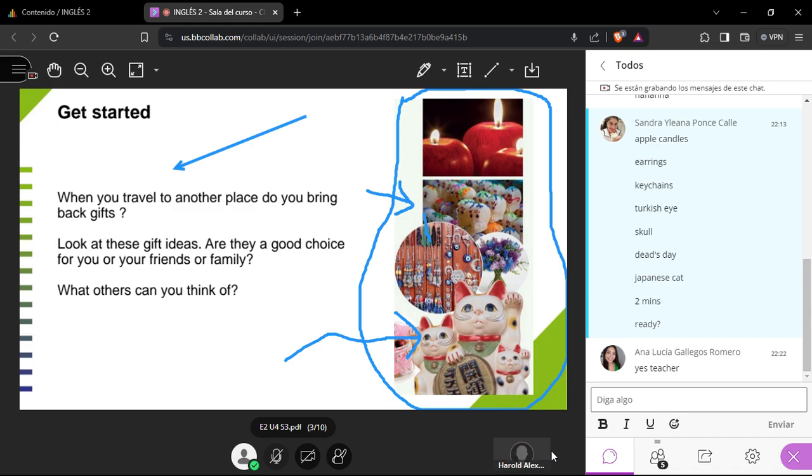Another choice I can think of is, I don't know, something that you imagine, for example, you are coming from Argentina, Chile, Panama or Costa Rica or United States.